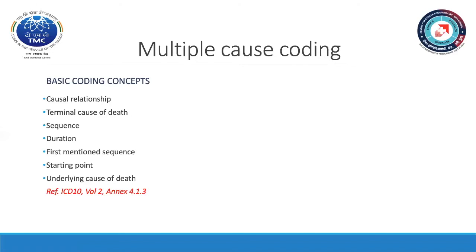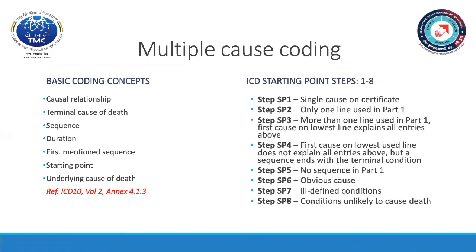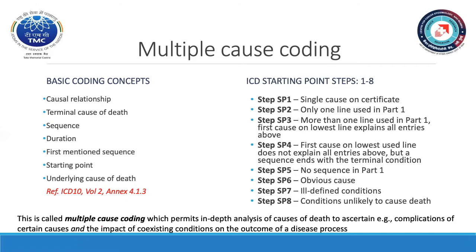Then we applied steps SP1 to SP5 to determine whether any of these instructions apply. This is called multiple cause coding, which permits in-depth analysis of cause of death to ascertain, for example, complications of certain causes and the impact of coexisting conditions on the outcome of a disease process.